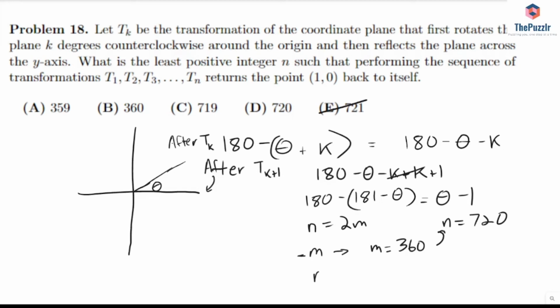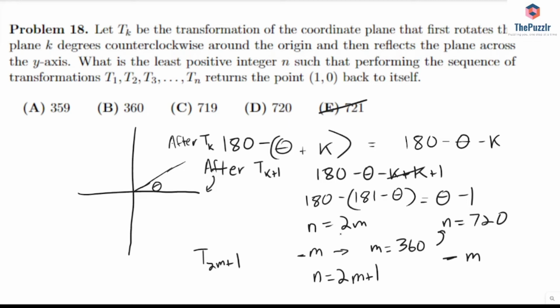But what about if n is odd? If n equals 2m plus 1, what do we do then? In this case, the first 2m transformations are going to take this to negative m degrees. Now we're doing the (2m plus 1)th transformation, T_(2m+1).